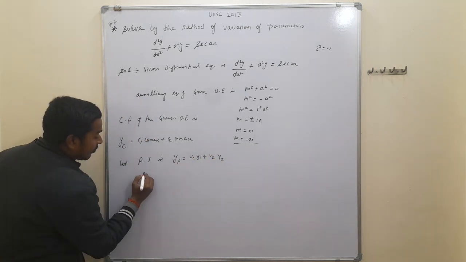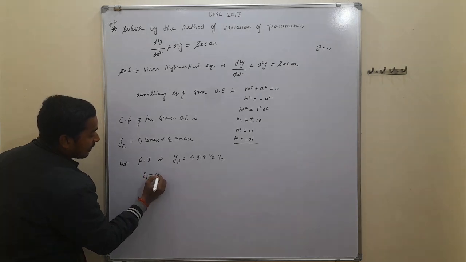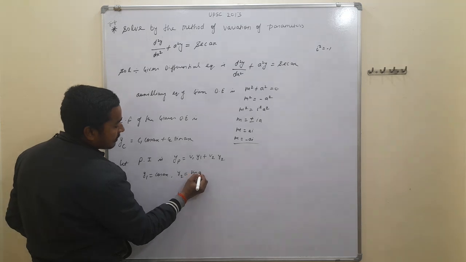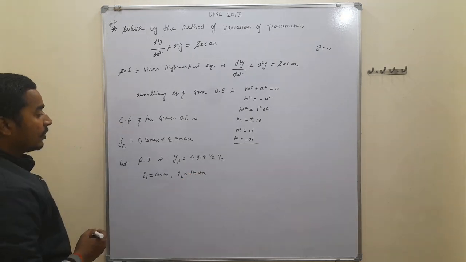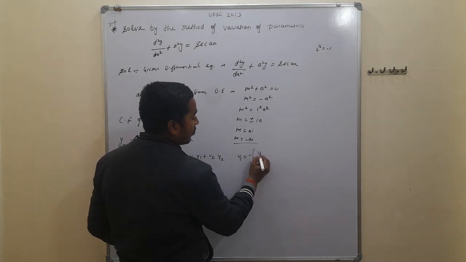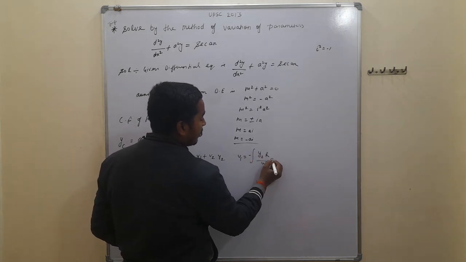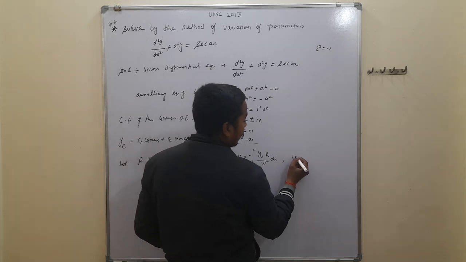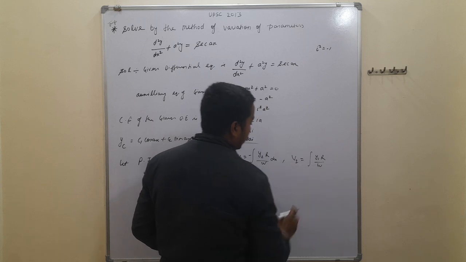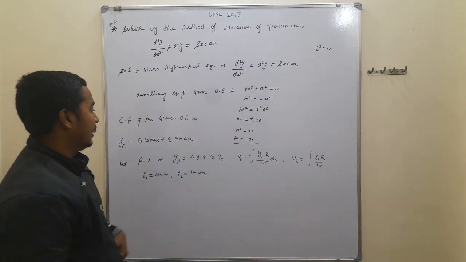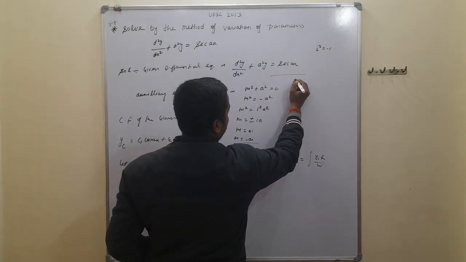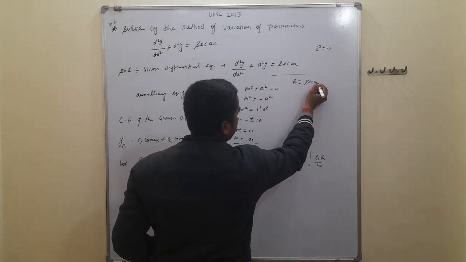Here y1 is cos ax and y2 is sin ax, and v1 is given by the integral of y2 r / w dx, and v2 is given by the integral of y1 r / w dx. Here w is the Wronskian and r is obtained by comparing with the differential equation. Here r is sec ax.